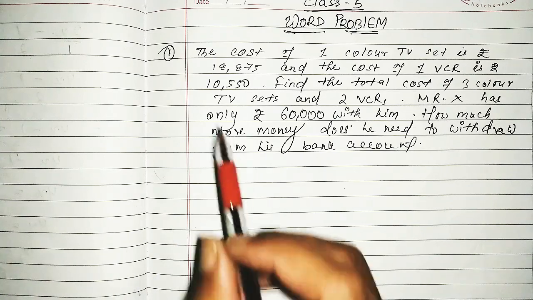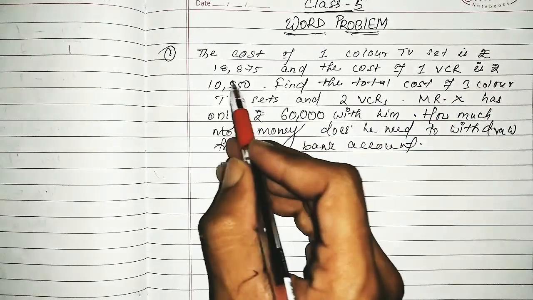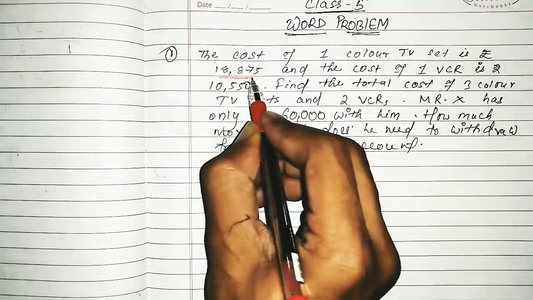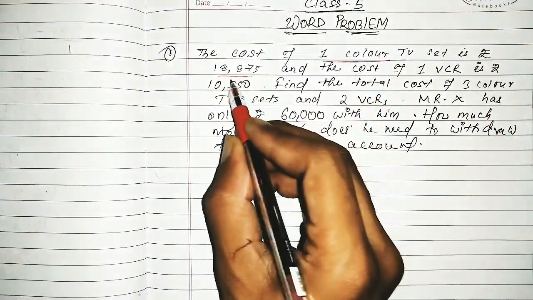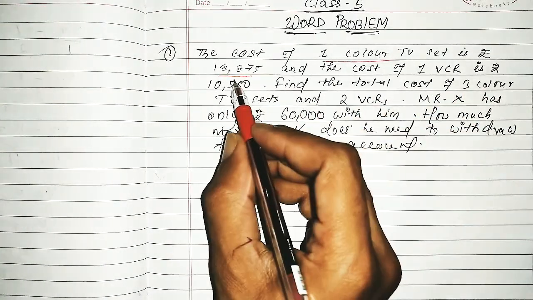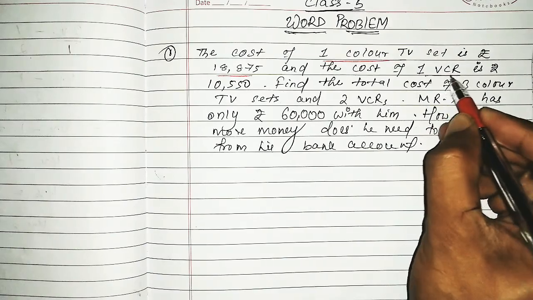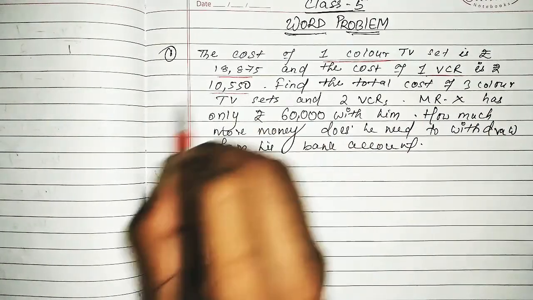The cost of one color TV set is rupees 18,875, and the cost of one VCR is rupees 10,550.